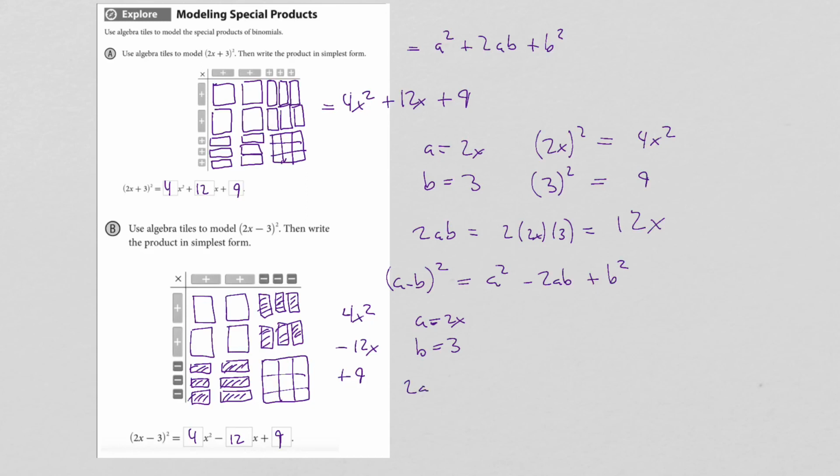And then minus 2ab. What's a squared? 4x squared. What's b squared? Plus 9. And then what is minus 2 times 2x times 3? Minus 12x. See, the formula and the algebra tiles, they get us to the exact same place.